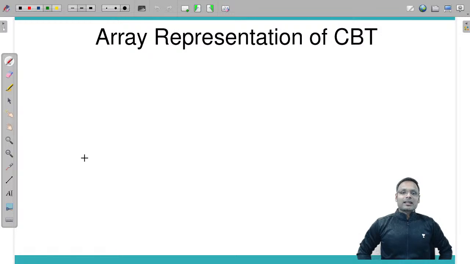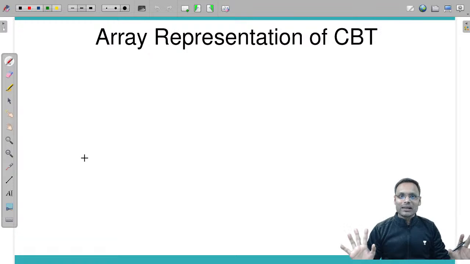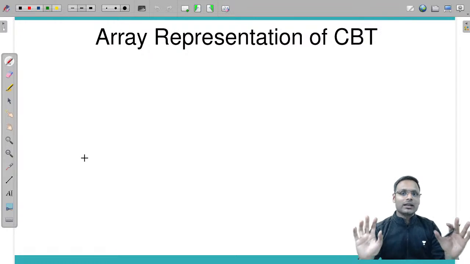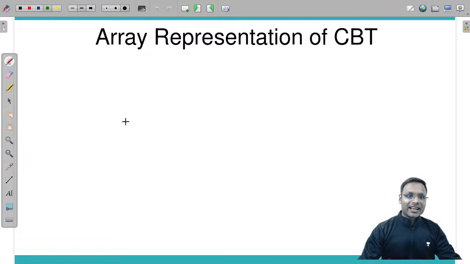चल आगे बात करते हैं array representation of complete binary tree. It's a very simple concept and very easy to understand too. What does the array representation of a CBT say? It says that you will have the root of the tree stored at index 1.